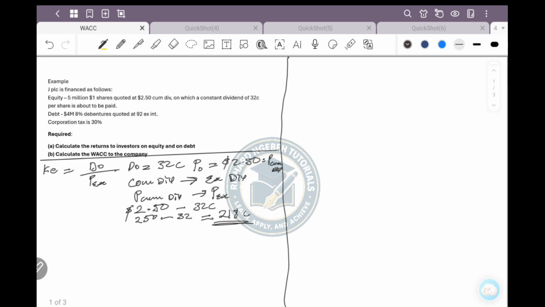So for you to calculate your cost of equity, you use this formula. We already have our D0, which is 32 cents, upon our market value.